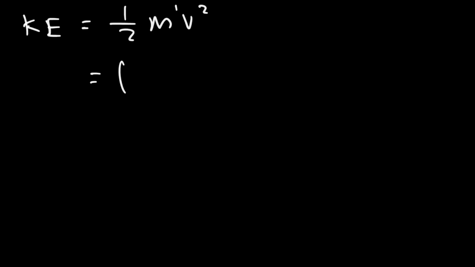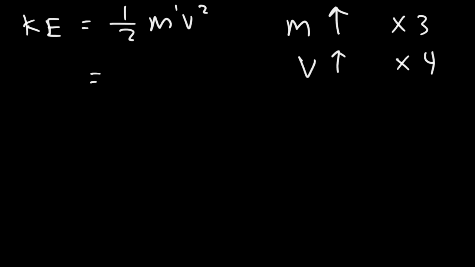Now, based on that, here's another question. Let's say you increase the mass by a factor of 3, and you quadruple the speed, increase it by a factor of 4. How much will the kinetic energy change from its original value? In this case, once again, we're going to ignore the 1/2.